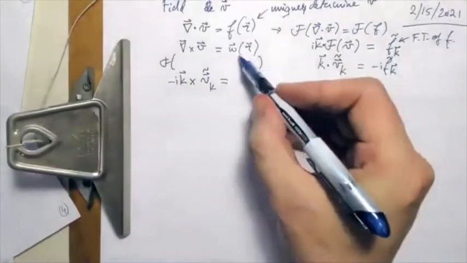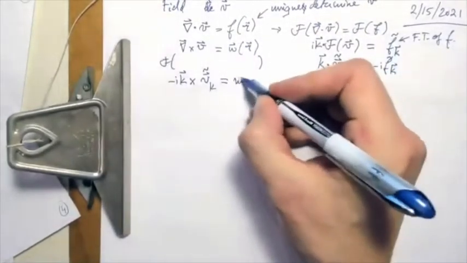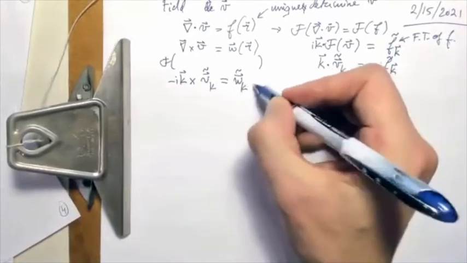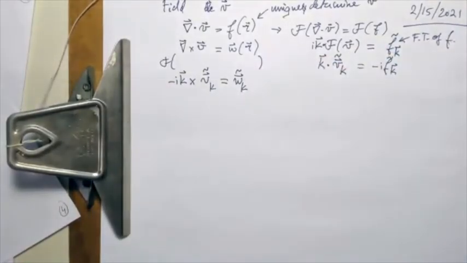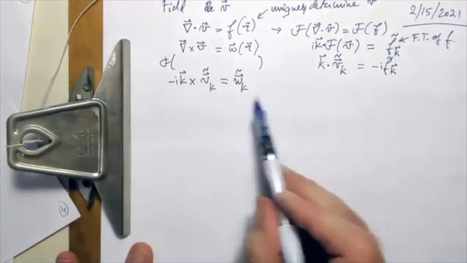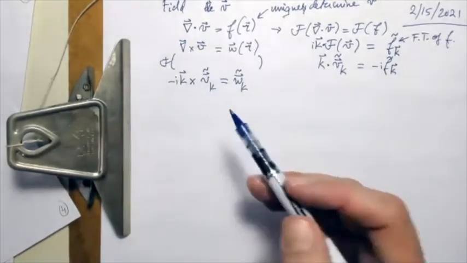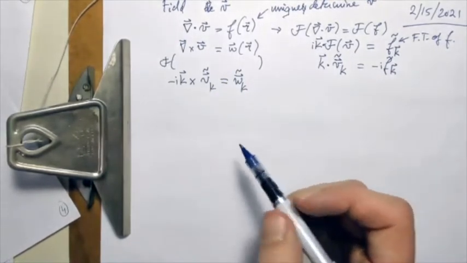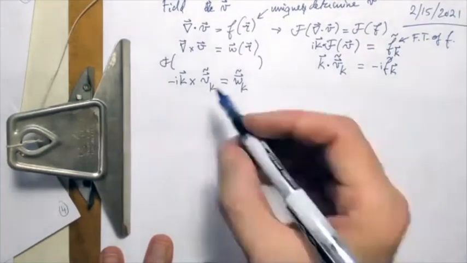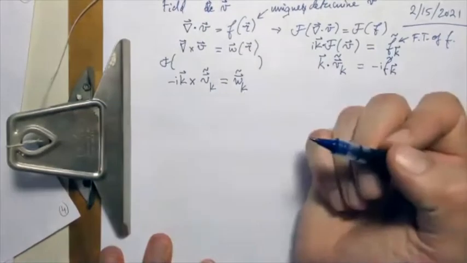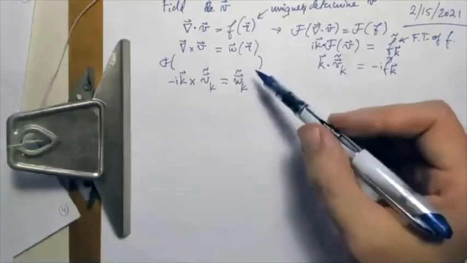And the Fourier transform of W we also call W_k. Okay, so we didn't really do anything, we just took the transforms. Now let's see if we can figure out a way to get these two things to come together a little bit. So let me see if I have this right.